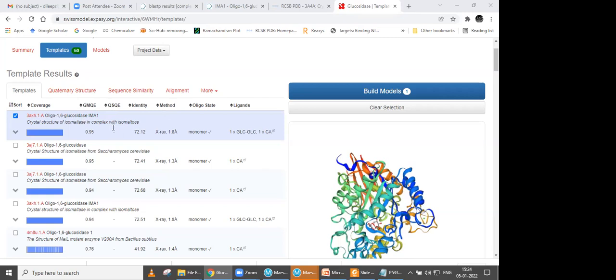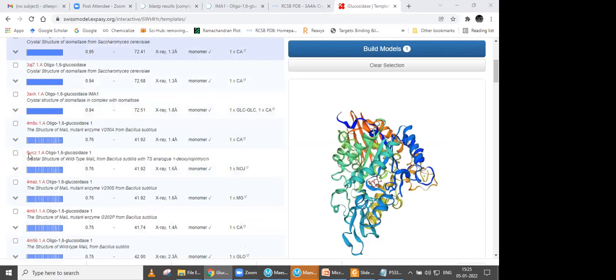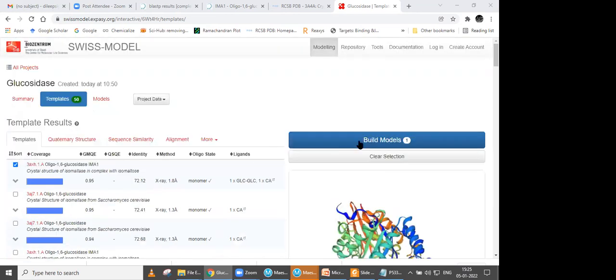Then we need to click on whichever one we want to use as a template. I took the first one as a template. If you want any other PDB ID as a template, you can click on that PDB ID. Then just click build model.